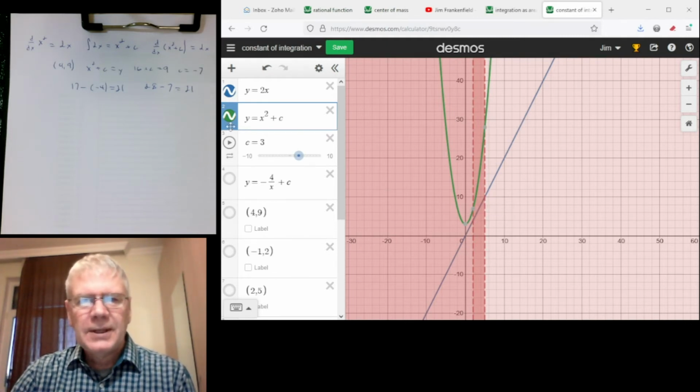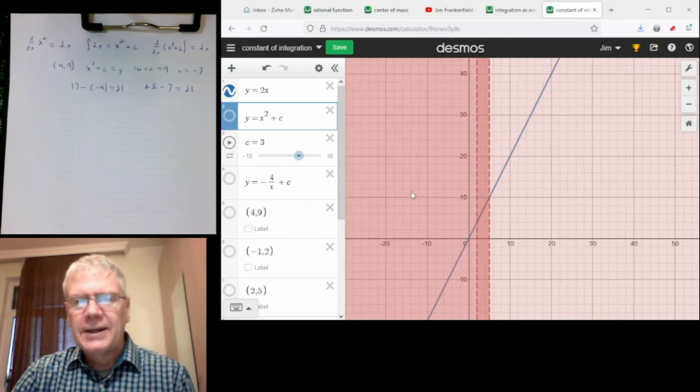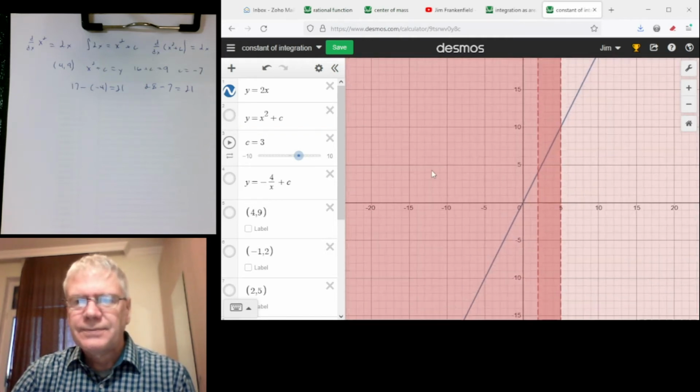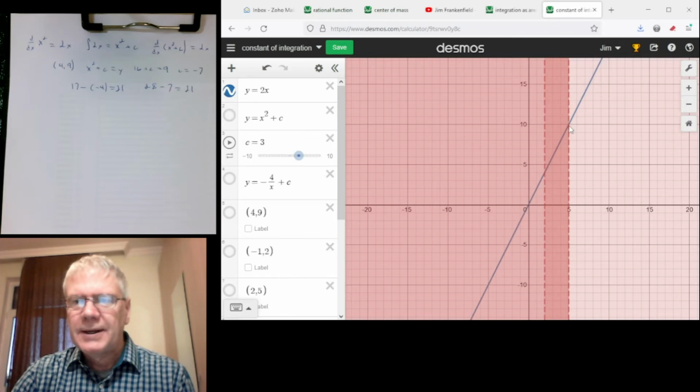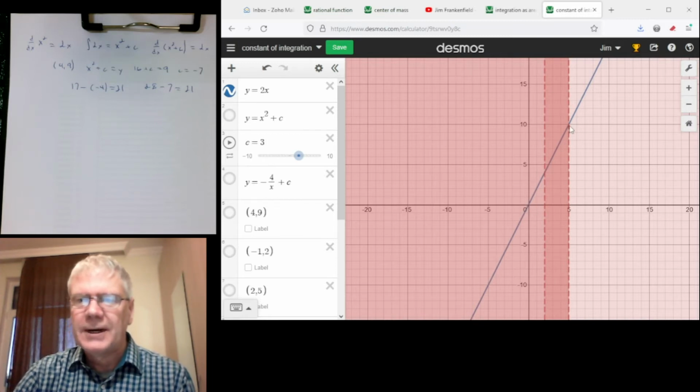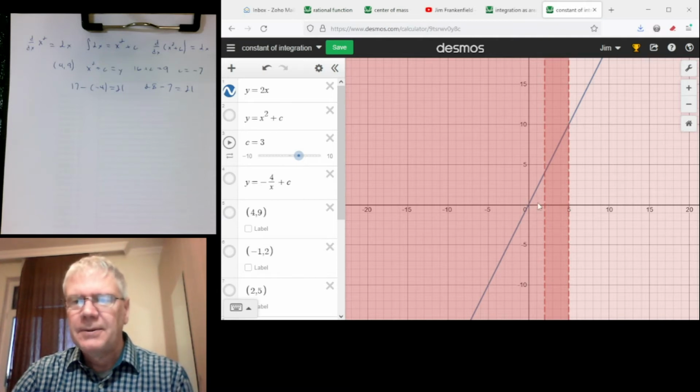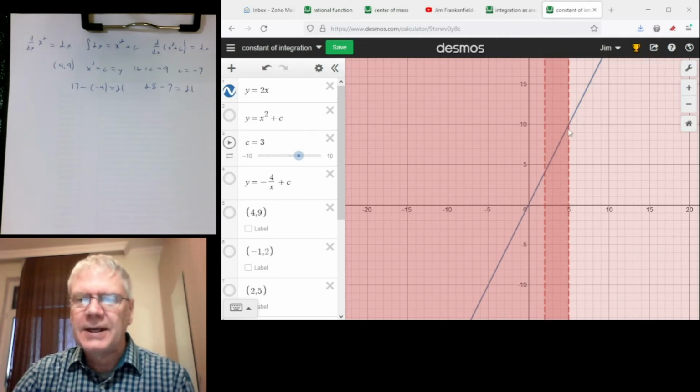And we can easily verify that area. The area of this triangle from the origin to 5, 10 to here, the base is 5, the height is 10, so the area is 25. The area of the small one is 4, 1/2 times 2 times 4.